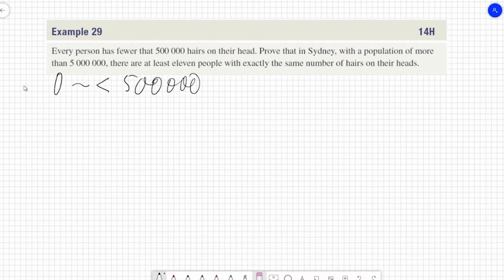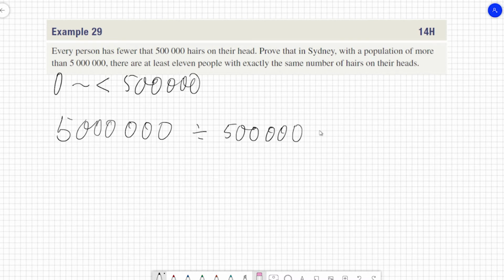So these are the pigeonholes, and the population, the number of pigeons, is more than 5 million. If we have exactly 5 million people, so exactly 5 million pigeons and exactly 500,000 holes, then we'll have 10 pigeons per hole guaranteed.